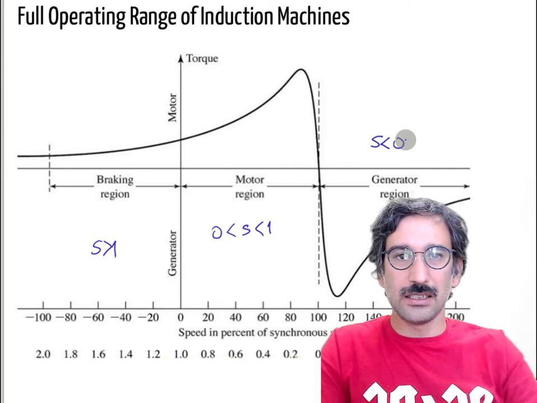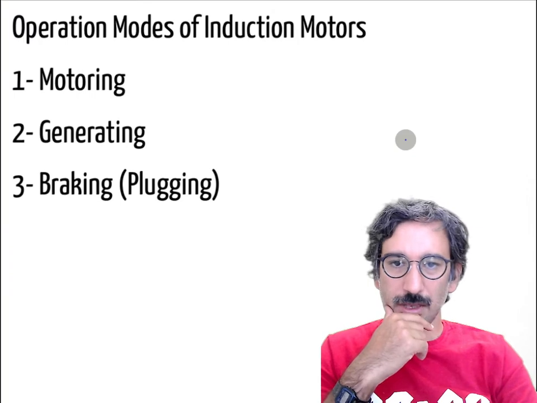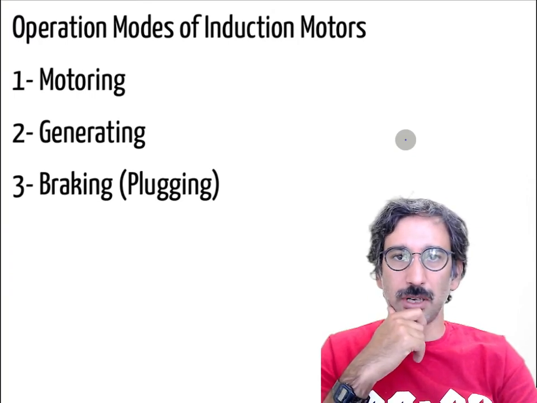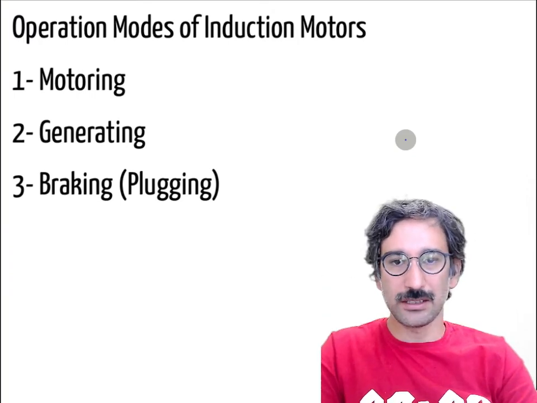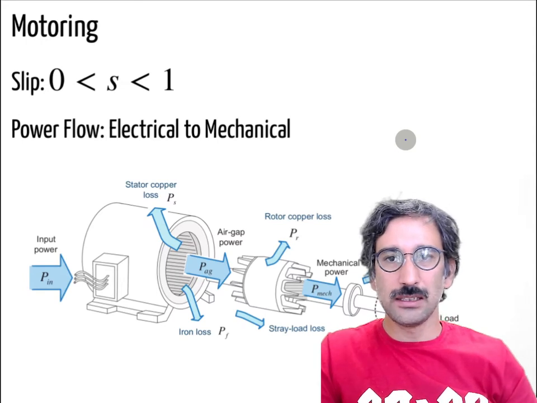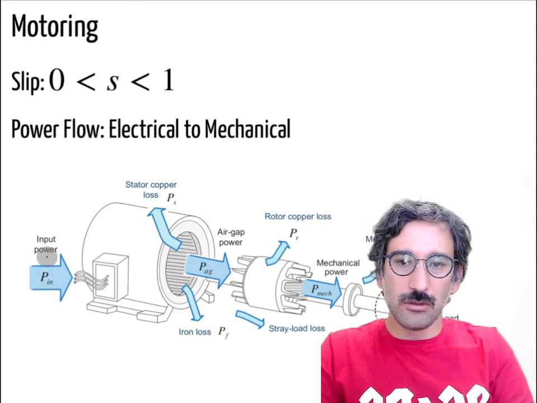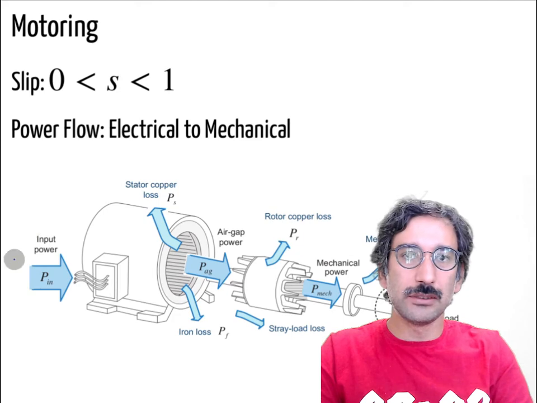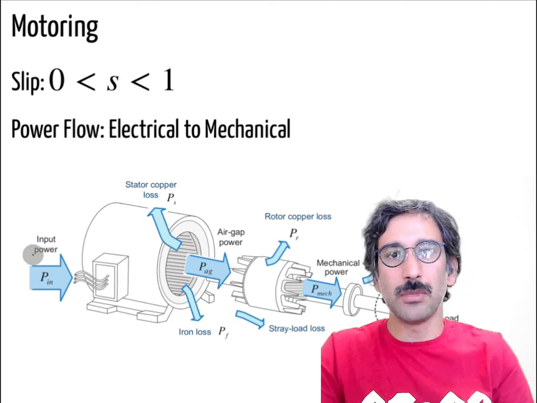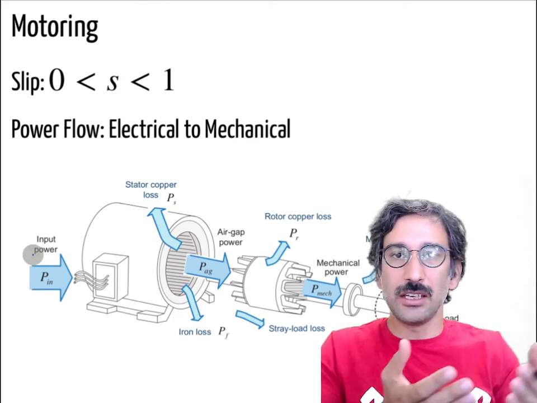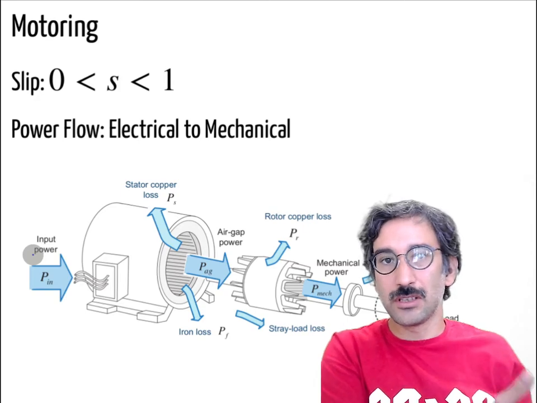And again, just to review, let's talk about the power flow directions in those operating modes. In the motoring mode, you apply some input power in electrical form, which is 3 V phase times I phase times cosine theta.